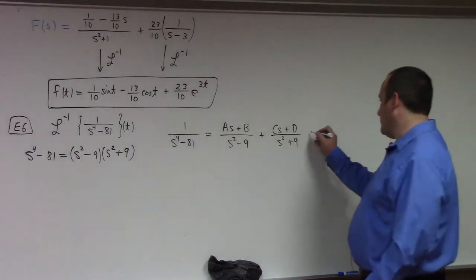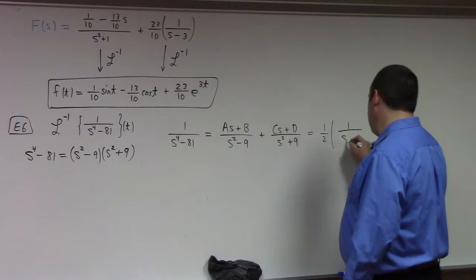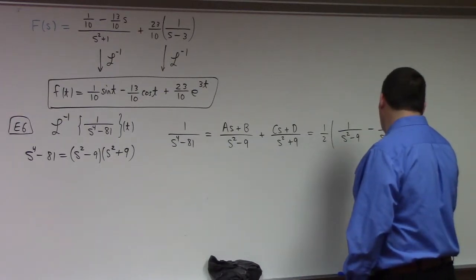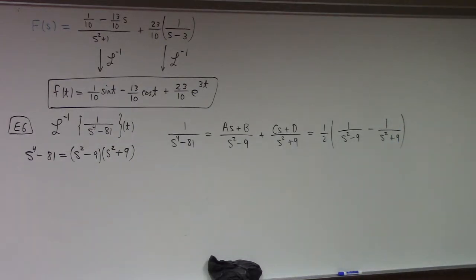I think you can see that this is actually 1/2 times 1 over s squared minus 9 minus 1 over s squared plus 9. Am I right? The s squareds cancel.